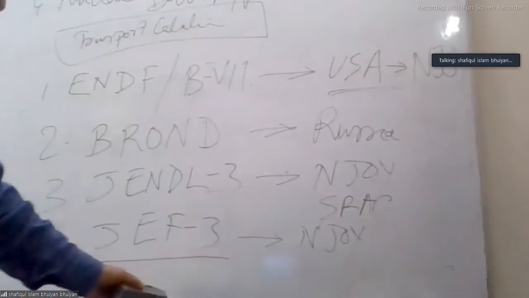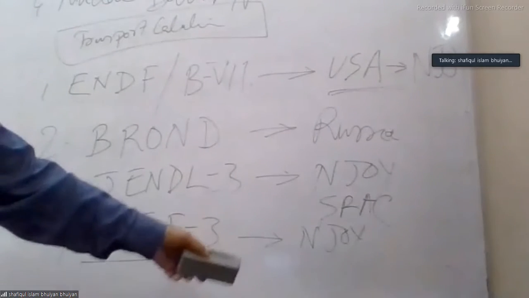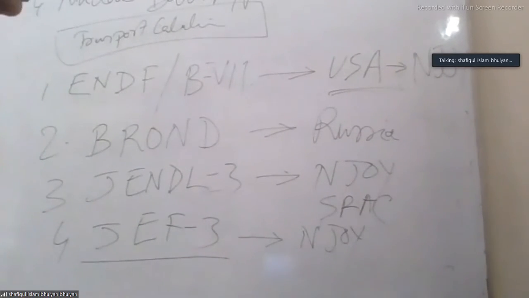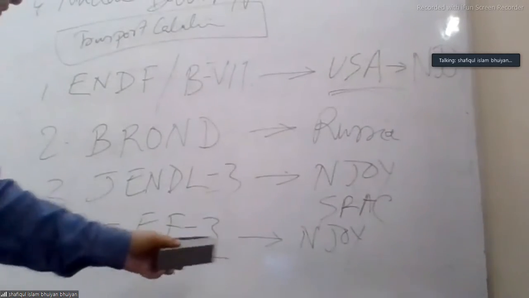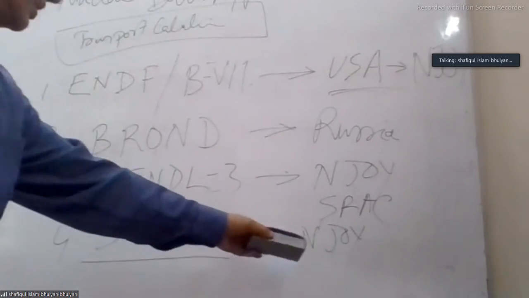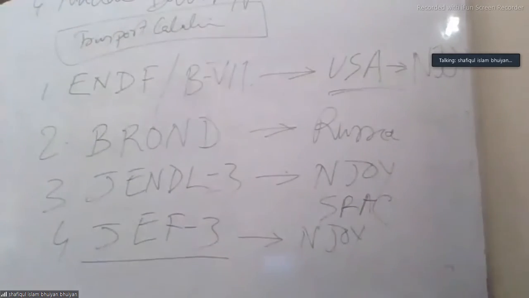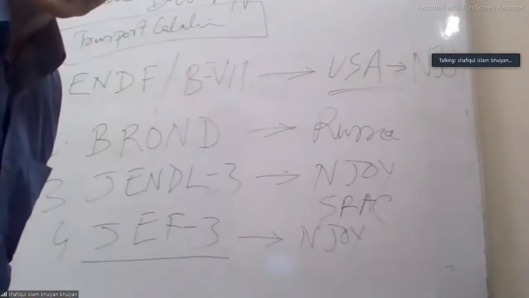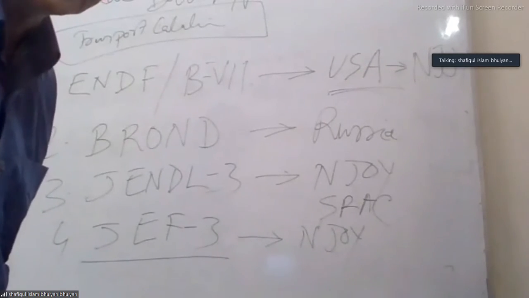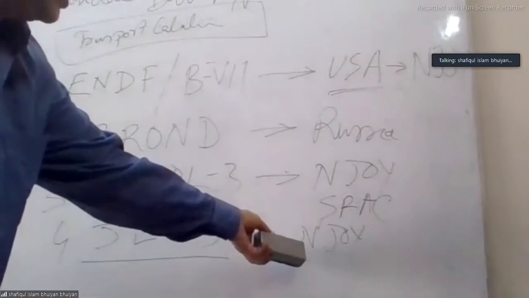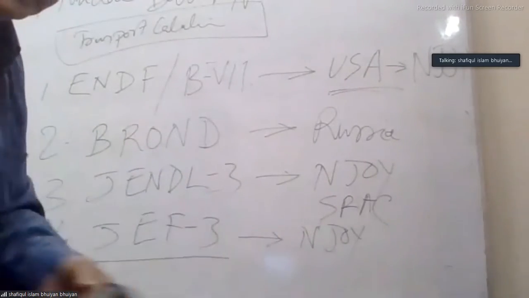They use both the IAEA codes and NJOY, and they have their own computer codes, and WIMS, which started from the UK. So they have their own processing code as usual as NJOY. NJOY has become one of the supers. Not many countries in the world have NJOY. Not many laboratories, not more than 20 laboratories have NJOY in their possession. But Alhamdulillah, we have NJOY in our laboratory.